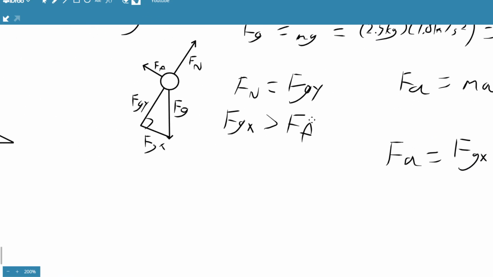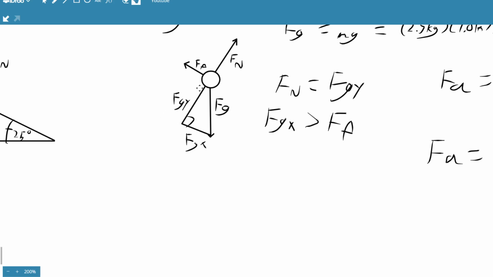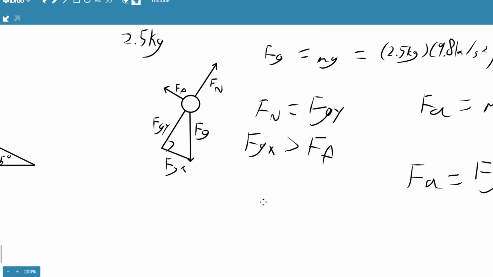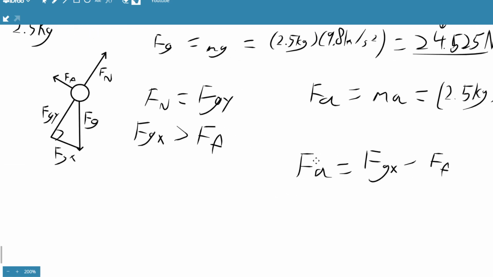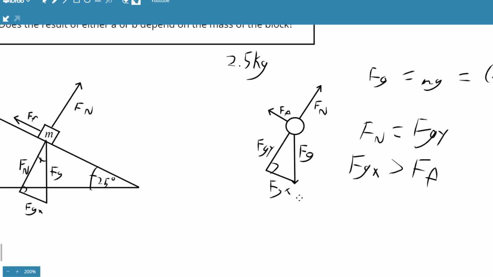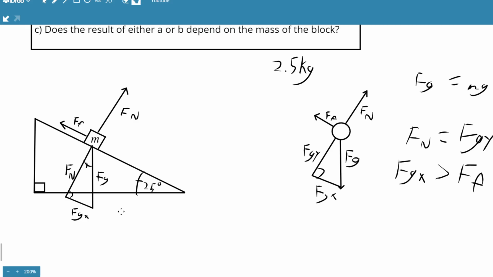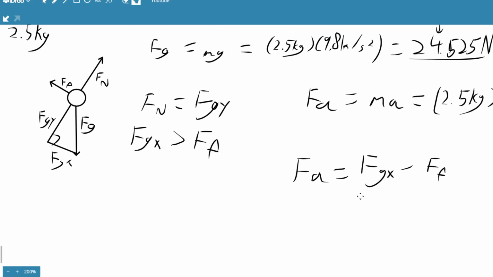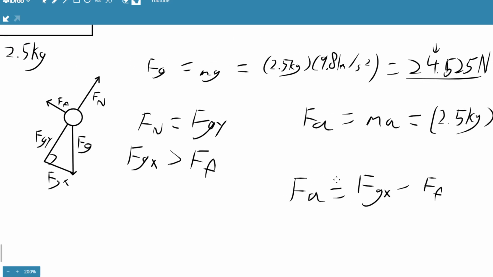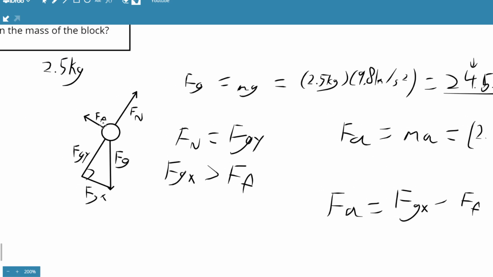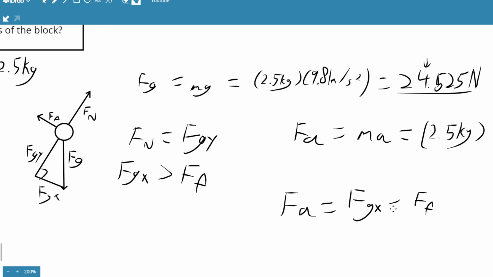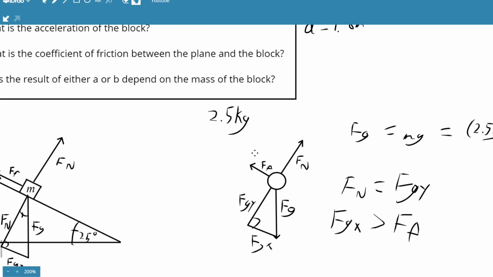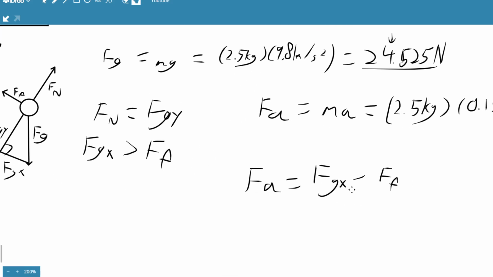If you don't understand this, FF is the force pulling it up the plane, FGX is pulling it down, and FA is the net force. So that is the result of these two forces together, so it's the sum, or in this case the difference, because I like to subtract in here.